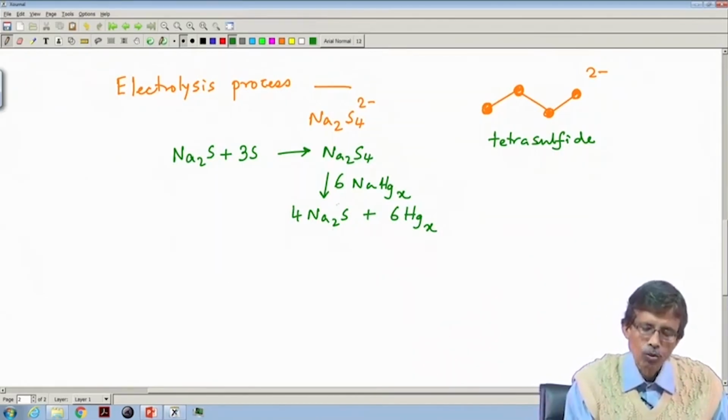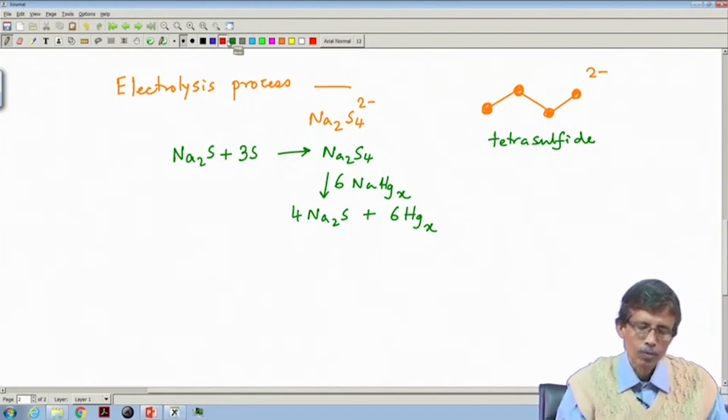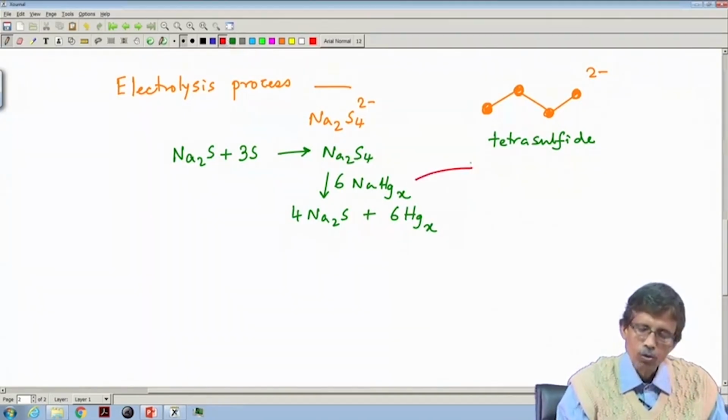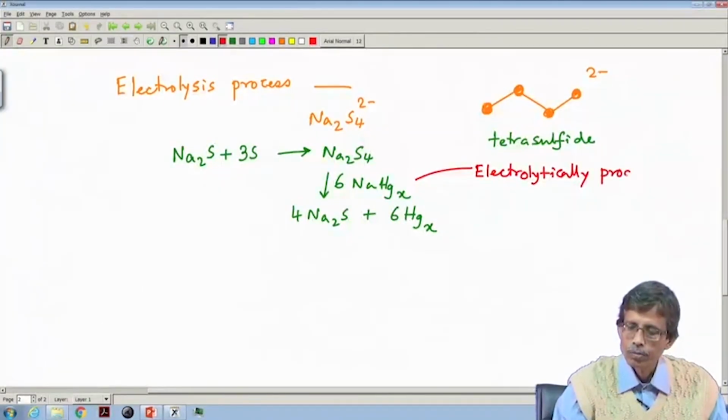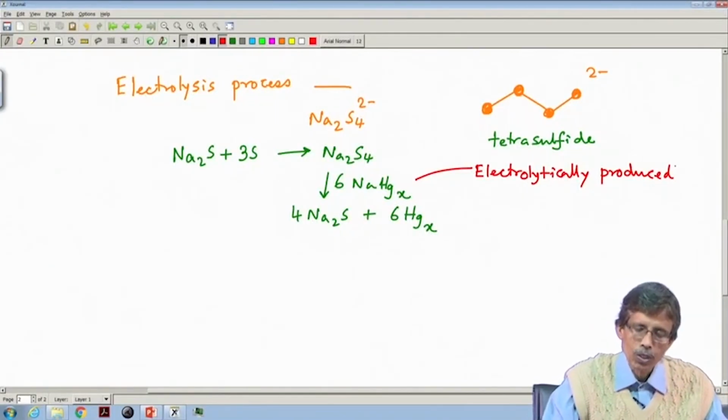So basically this sodium is coming from your sodium sulfide salt for production of the sodium sulfide. So this is one way. This particular process is also electrolytically produced. So we produce this particular one.